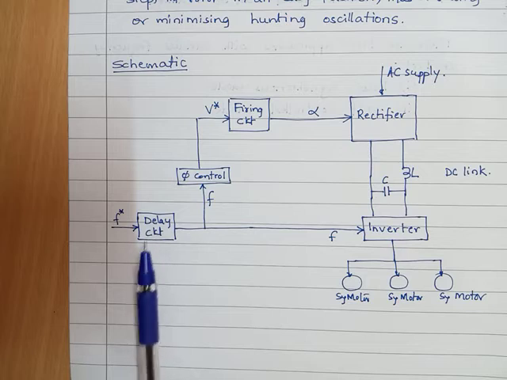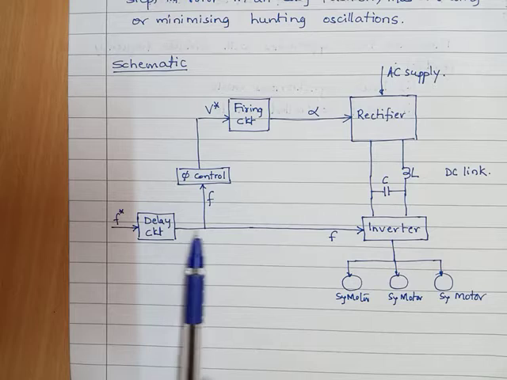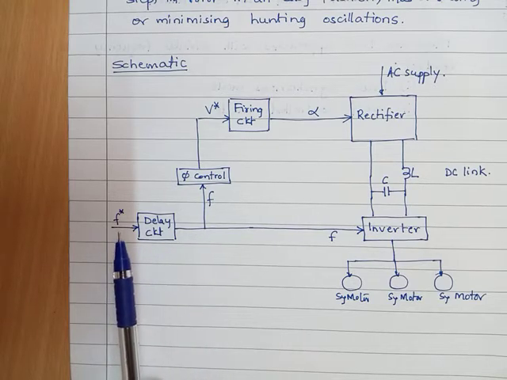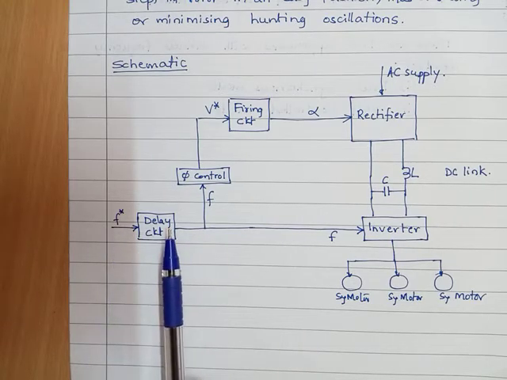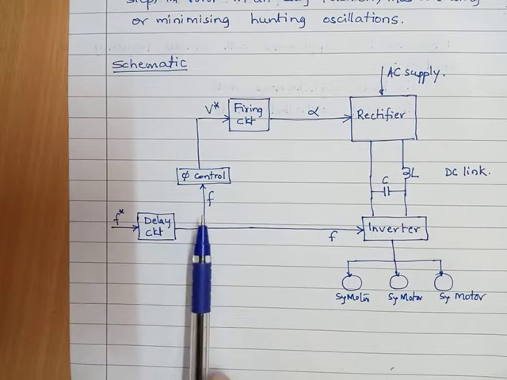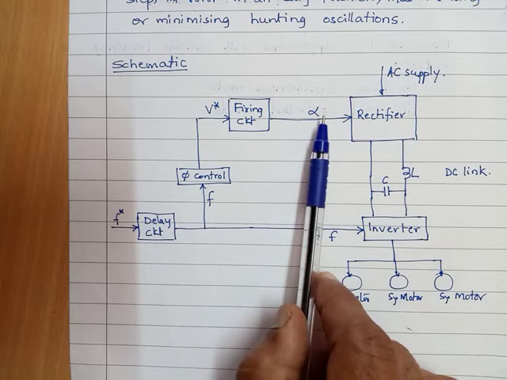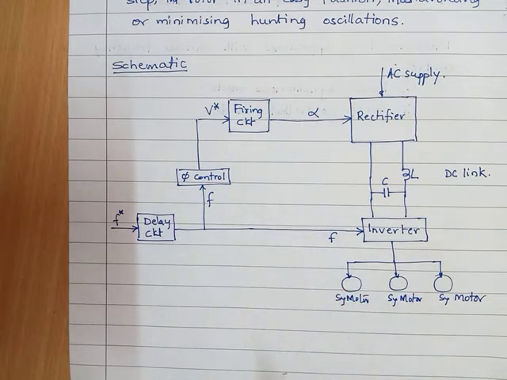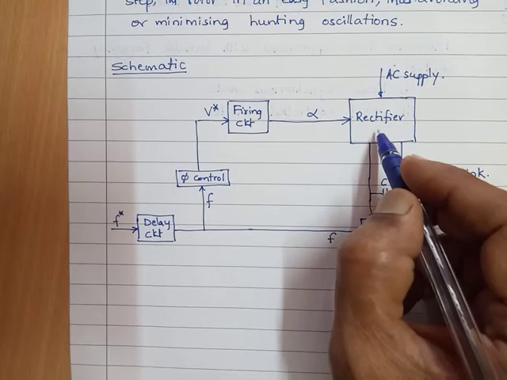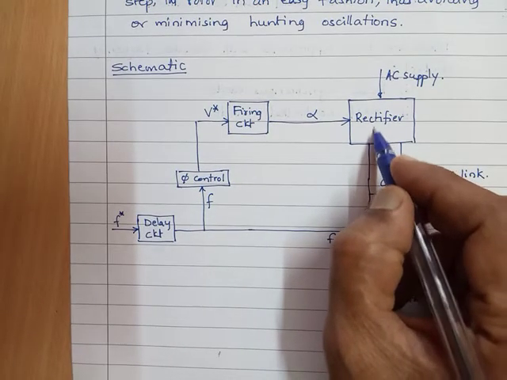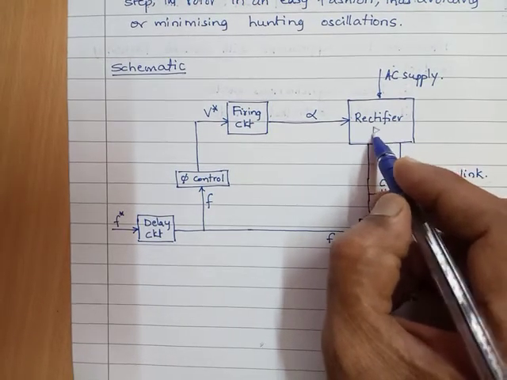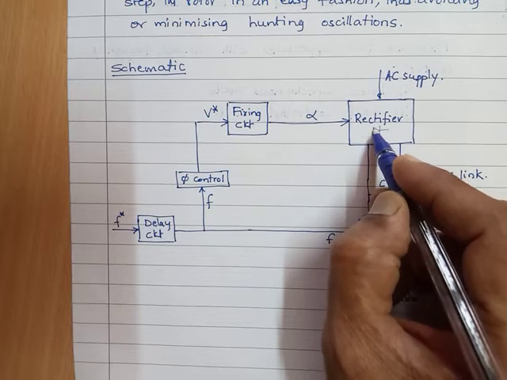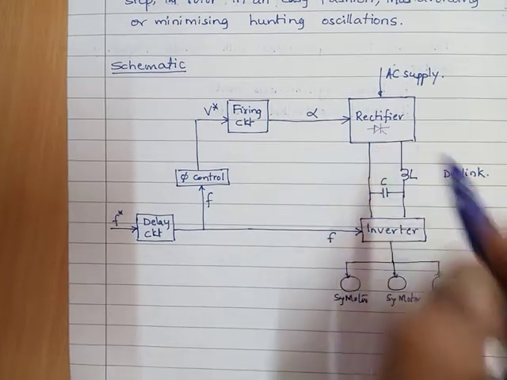Very important aspect. Now, the value of F, what we have here with this reference, is used to generate the firing signal or the gating signal alpha, assuming that this rectifier consists of SCRs.